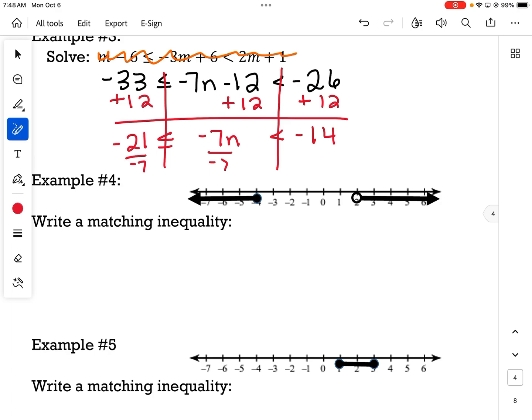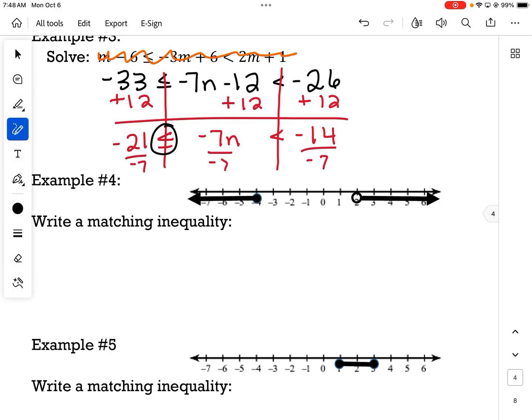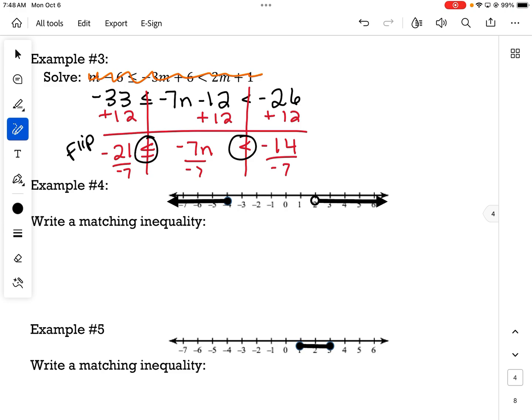Do you remember what we have to do when we divide by a negative to get n by itself? We're going to flip these. So this will be 3 is now greater than or equal to n, greater than 2.